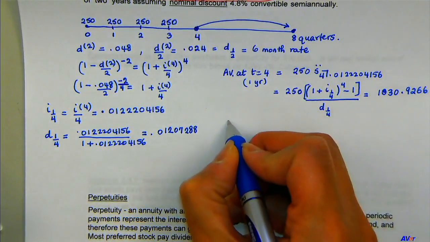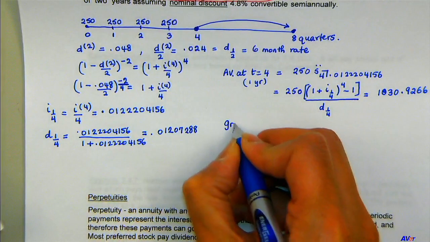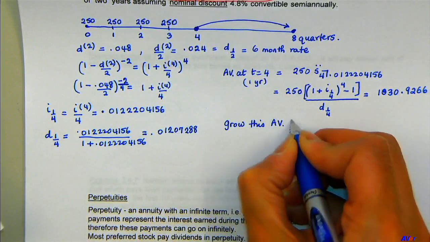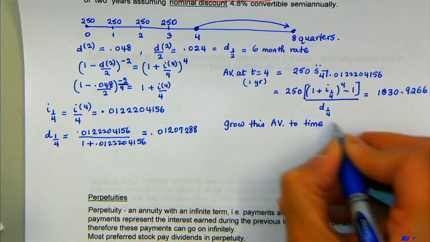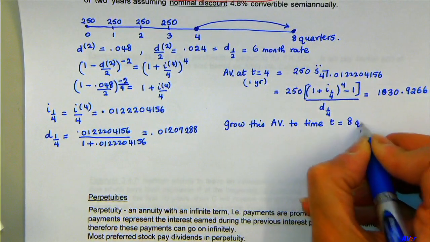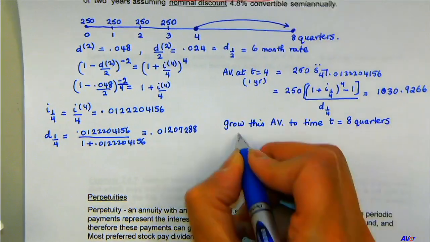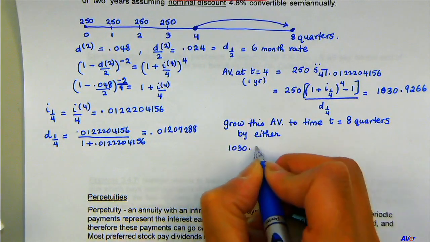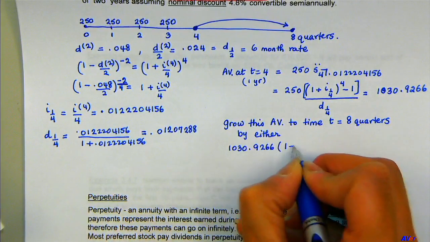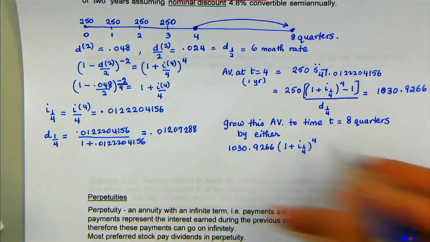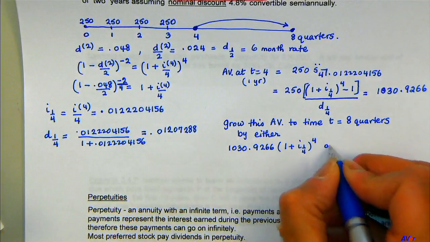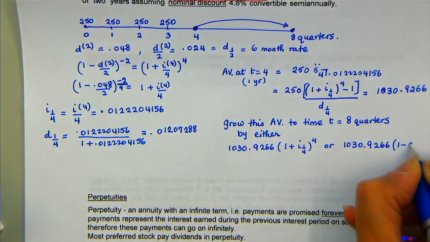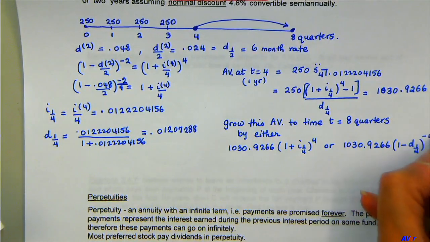So just grow this accumulated value to time t equals 8 quarters, which is 2 years, by either 1030.9266 times 1 plus i^(4) to the 4, or 1030.9266 times 1 minus d^(4) to the minus 4.